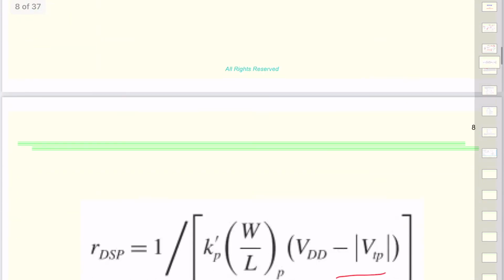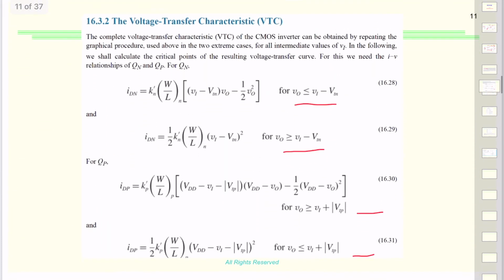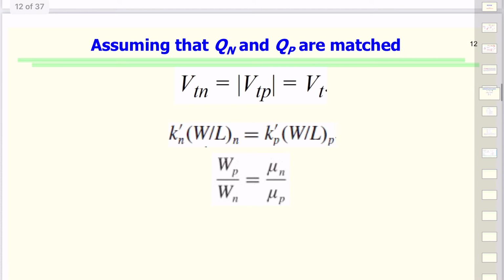But there are fundamental differences, and those differences stem from this factor we call Kn prime, and the simple reason is that there is a dependence on mobility for both devices. So when we talk about mobility, we are then talking about their transfer characteristics. So if we consider them to be matched, we design them in a way that their threshold voltages are the same, so we can just call it VT, which is not always the case, but that's achievable. But for that, they both have to be matched.